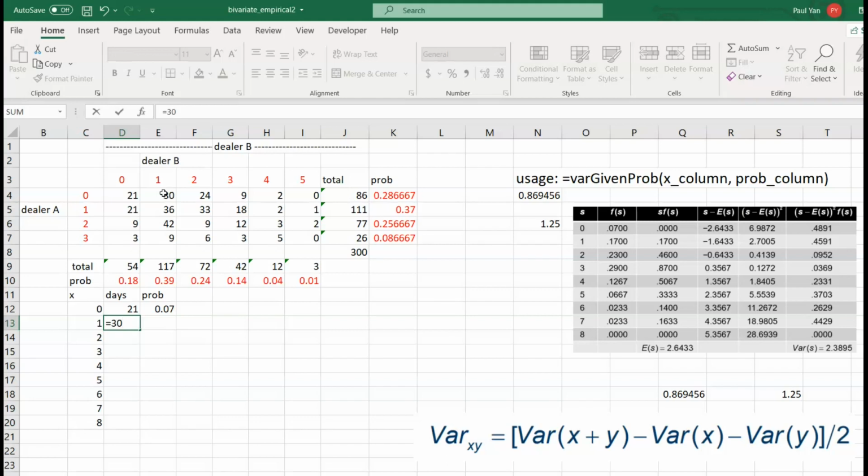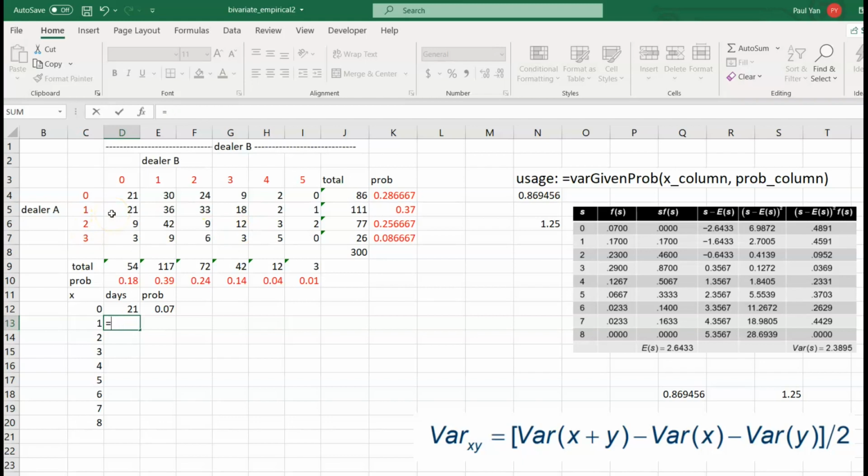There are 30 days. The same thing is also true when dealer B sells nothing and dealer A sells 1, so this is 21.